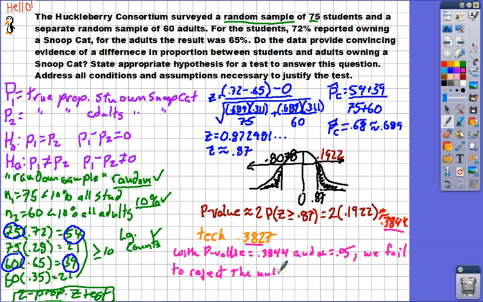In other words, we do not find sufficient evidence to believe that the two groups own snoop cats at different rates. We have not found that evidence.